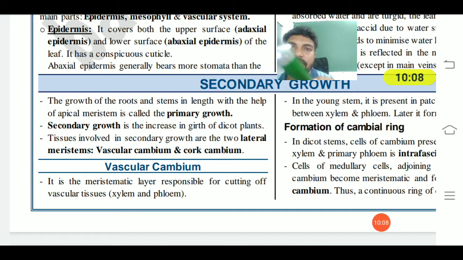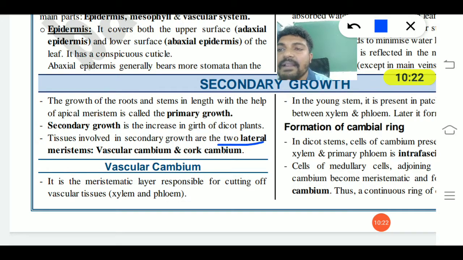apical meristems, because they involve the root apical meristems and shoot apical meristems, that we call primary growth. Whereas secondary growth occurs with the help of lateral meristems. They consist of vascular cambium and cork cambium, which form after the primary growth, and hence it is called secondary growth.